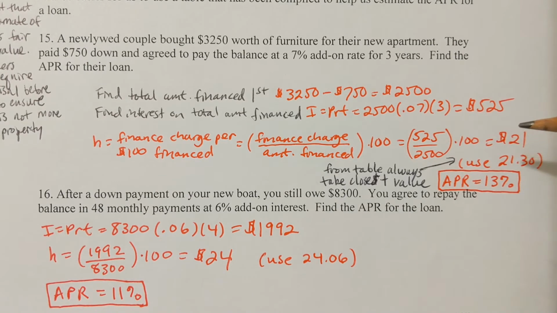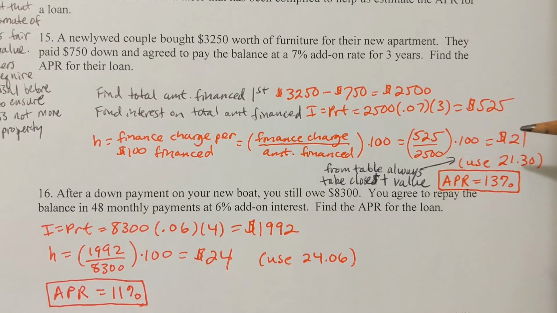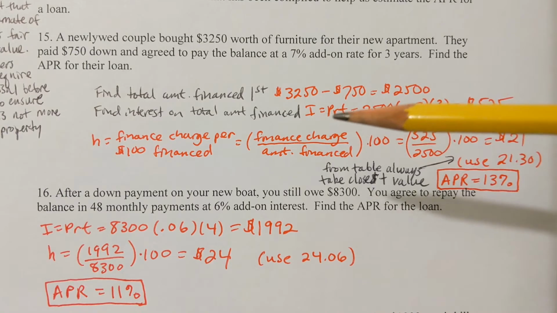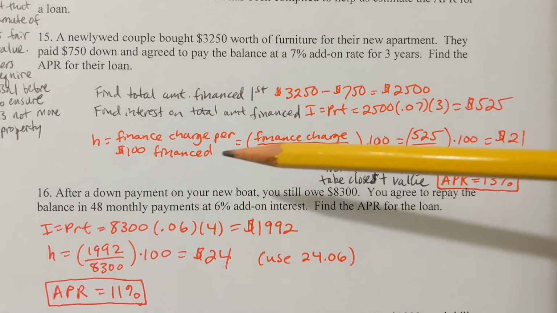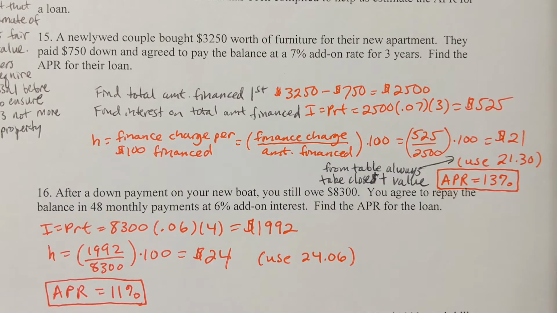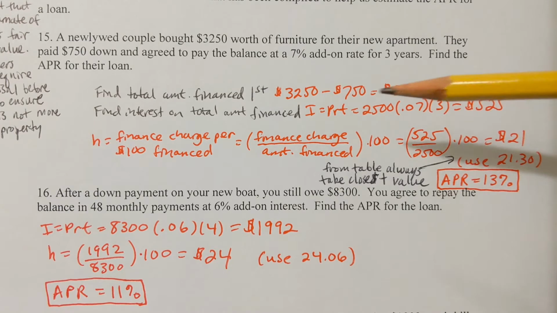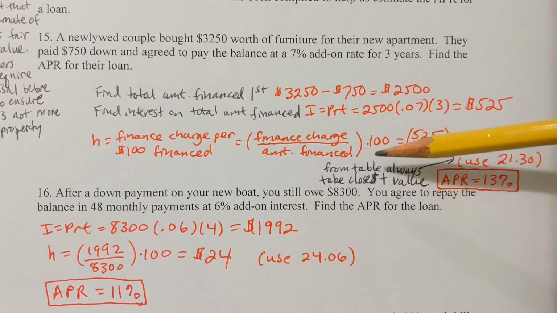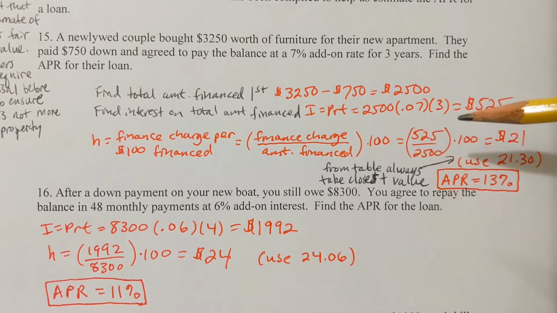The next thing we have to do is find what's called the finance charge per $100 financed. We're going to call that H. Your book uses the same H value. We calculate that by taking the finance charge divided by the amount financed times 100.